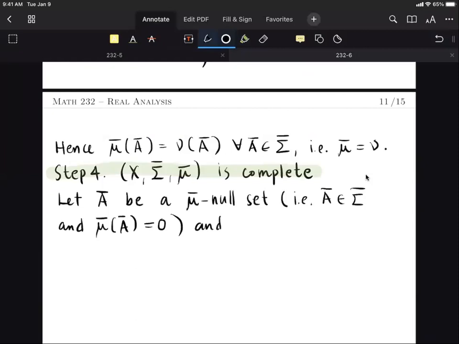And you take a subset, let's say C bar of N bar. I should say A bar.